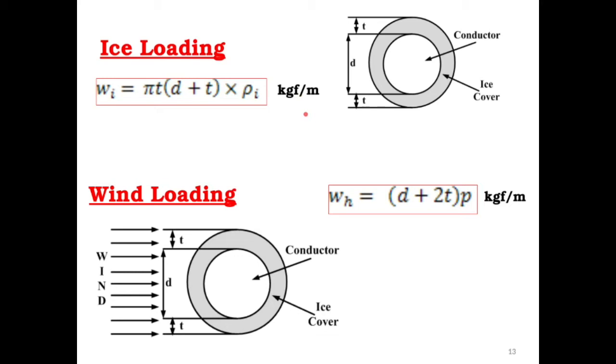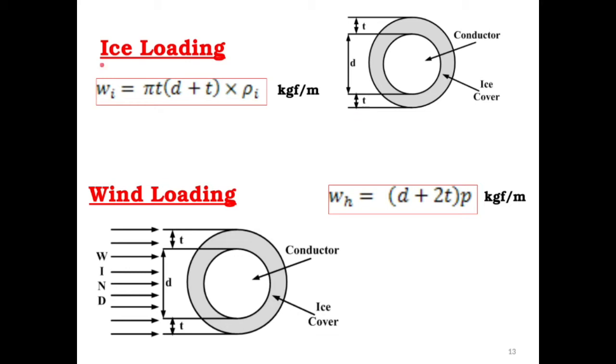That's what reminds me all the time, because we use kg for the unit of mass and weight, but there is a difference between mass and weight, if you remember from school life. That's why I put that f. So kg per meter or kgf per meter, whatever you want to write, it's not a problem to me, but you have to remember that it is force. This kg is not going to be mass if I write it kg per meter.